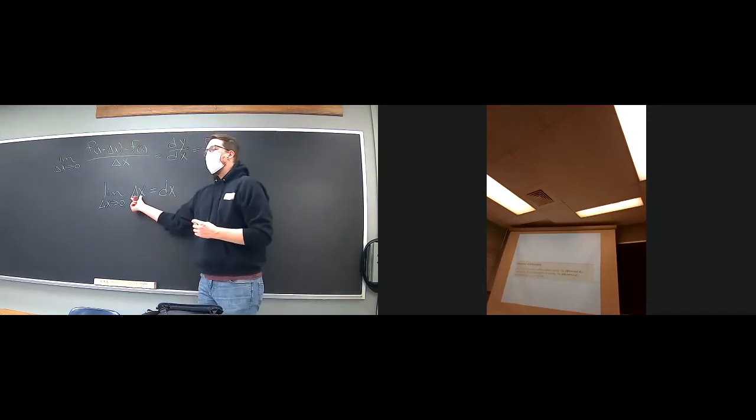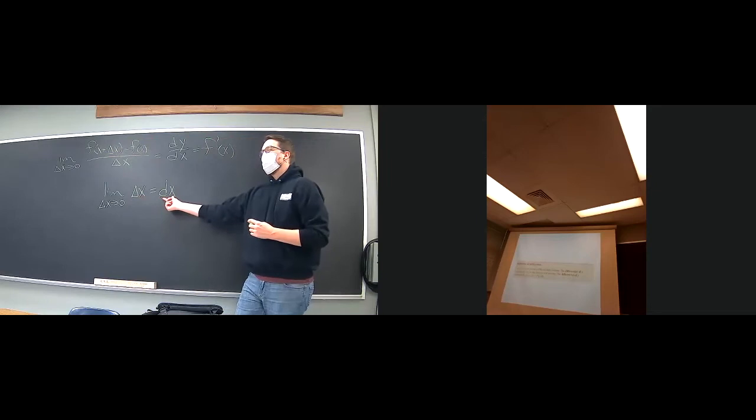Having said that, notice we can make an inference about something. The limit as delta x goes to 0, delta x is equal to dx. So what we're saying is that for really small changes in x, so for really small delta x's, it's going to approximate dx.